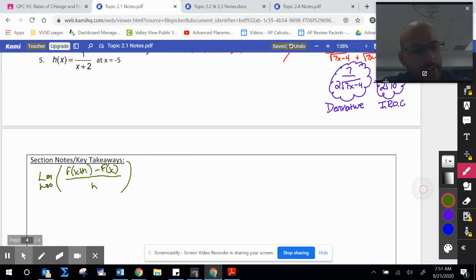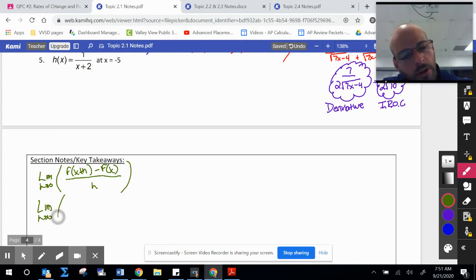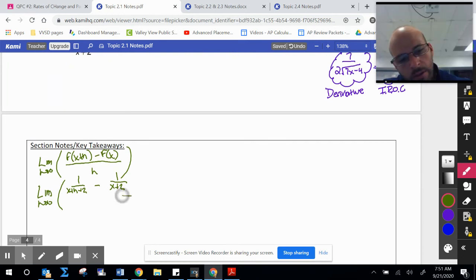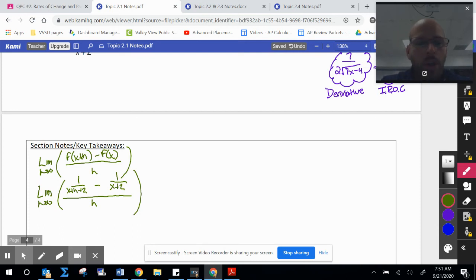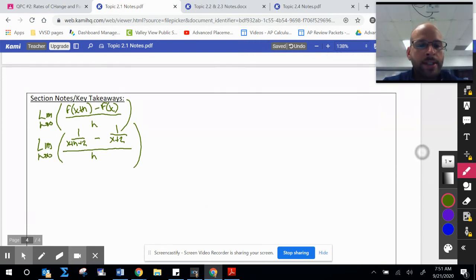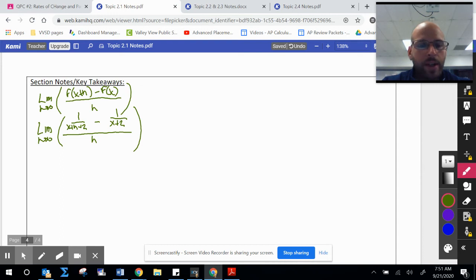And if I do this, I'm going to have the limit as h goes to 0 of 1 over x plus h plus 2 minus 1 over x plus 2 all over h. Okay, so this is what we call a complex fraction. So we did this in Unit 1 as well. So if I have a complex fraction, I need to get common denominators for my numerator.